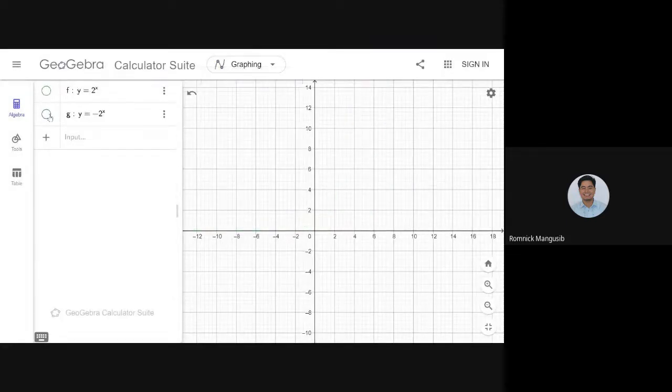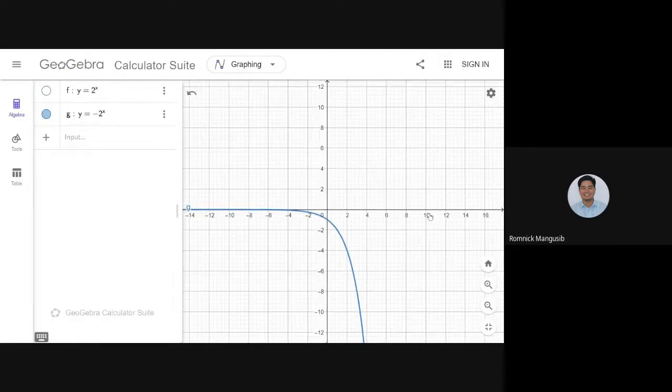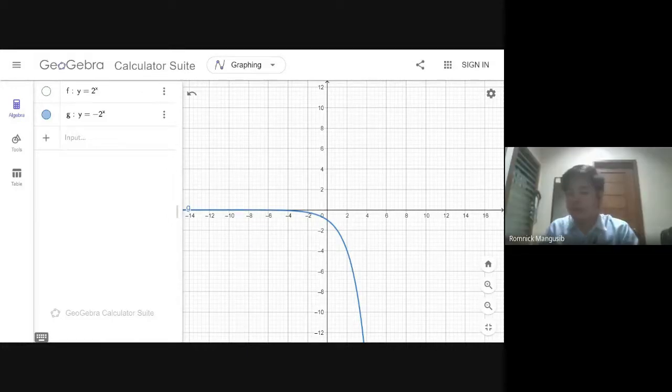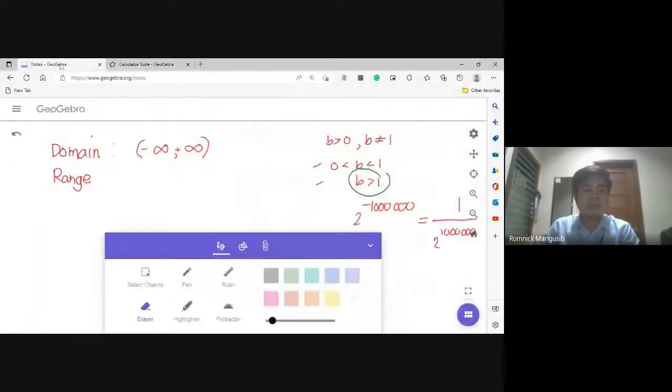Ngunit, pag nilagyan mo ng negative of 2 raised to x, bababa ang graph. At anong kinalaman nito sa pag-identify ng domain at range? So ano ang naging kinalaman niya? So we now have these rules. No? So let me present you the rules.